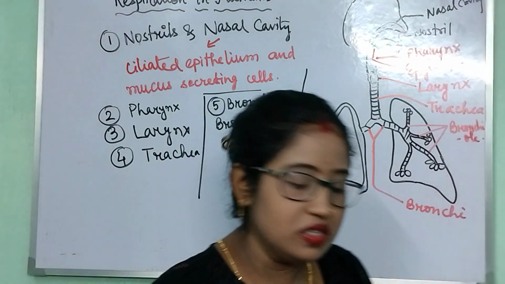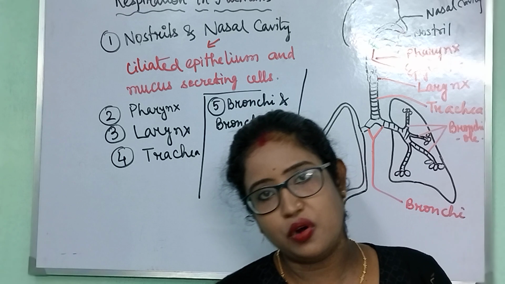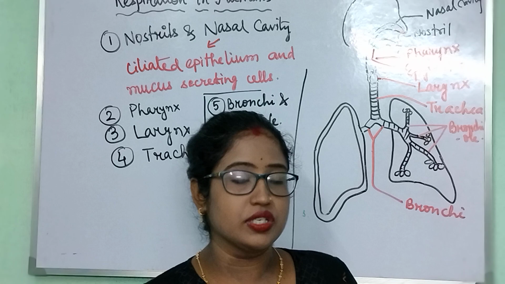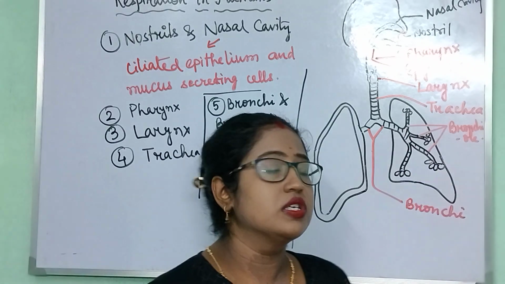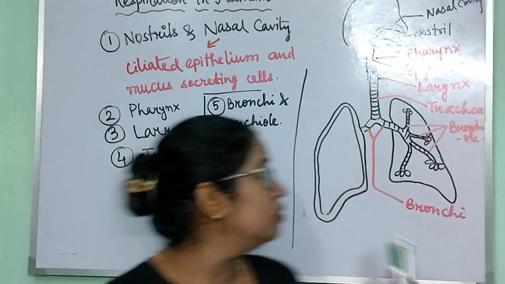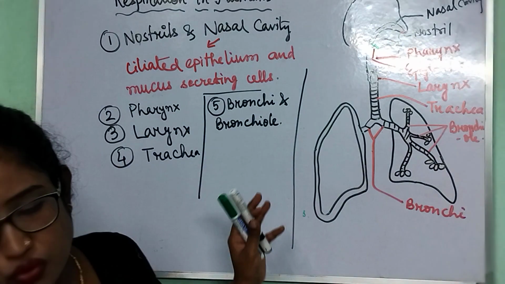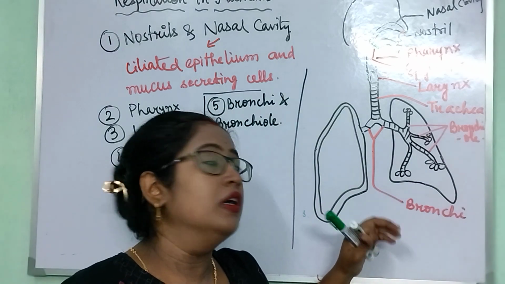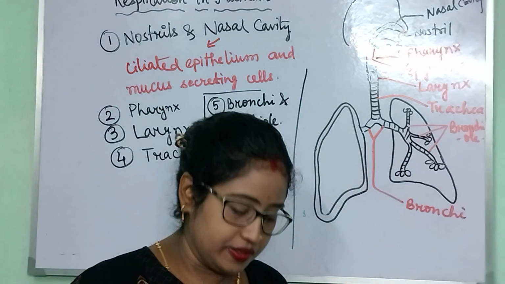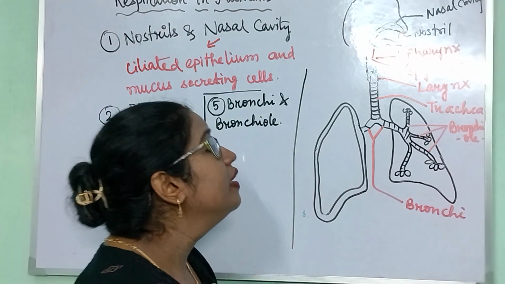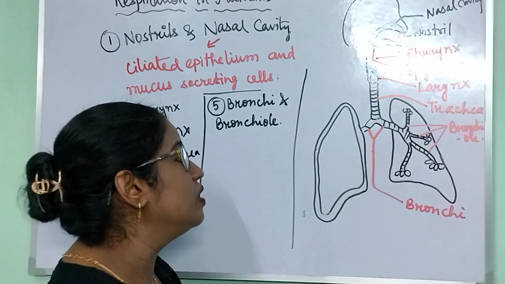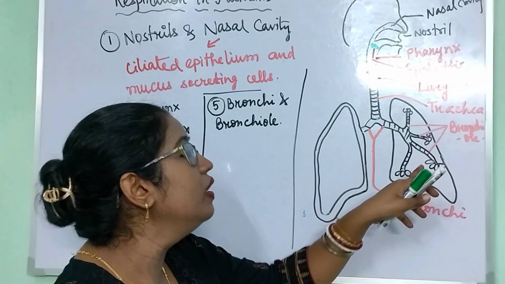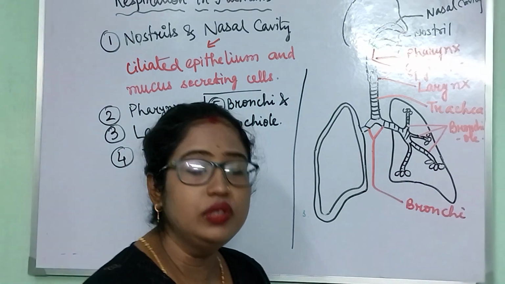So the main branches of the trachea are the bronchi, and they help the air, the oxygen that we inhale, to enter into the lungs. Then the bronchi branch off into bronchiole, and the bronchiole end in a balloon-like structure.